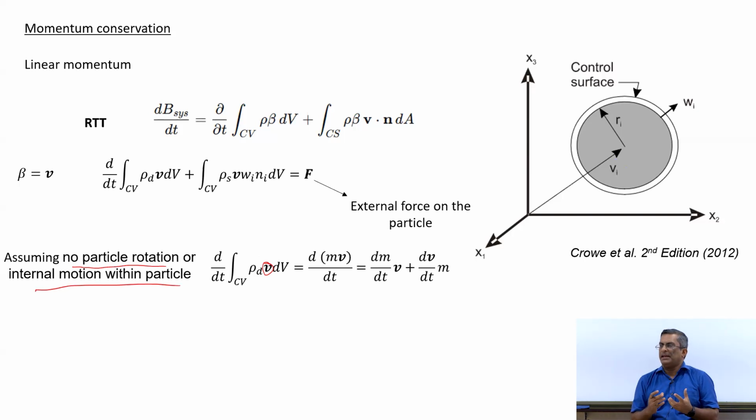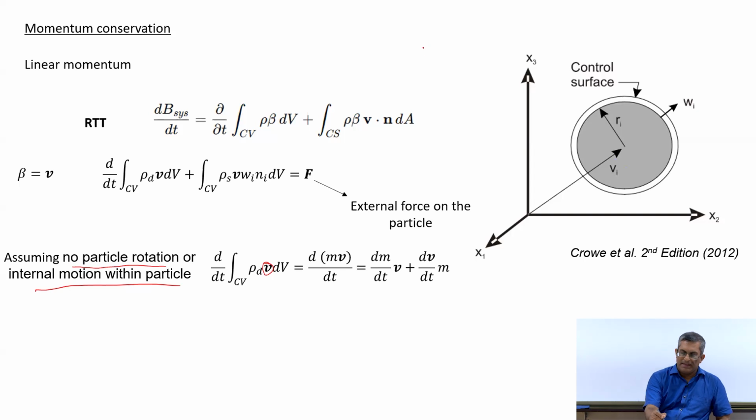What is meant by internal motion? What can cause internal motion? There are different ways in which one can realize internal motion within particles. Typically, this happens if you have a liquid droplet. For example, the external force or the surface force itself can cause a shear.